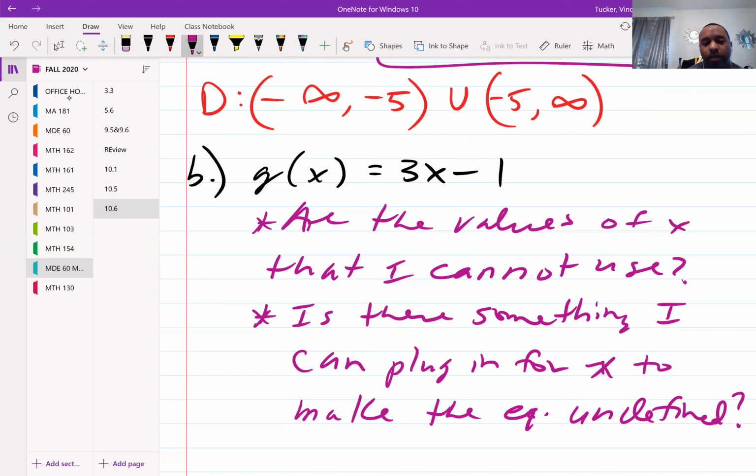That's what you always want to ask yourself. Another way of looking at it is, is there something I can plug in for x to make the equation undefined?